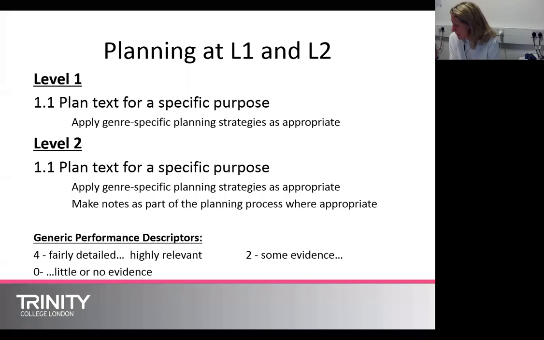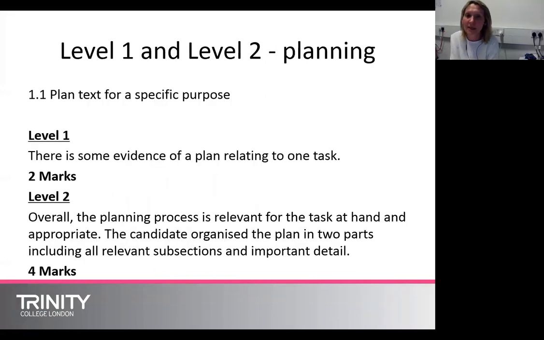For the plan at level 1, the candidate planned task 2, and there are some notes in there with some bullet points. For level 2, candidate 1 planned task 1 with some numbering, headings, subheadings, with a little bit more information added to it.